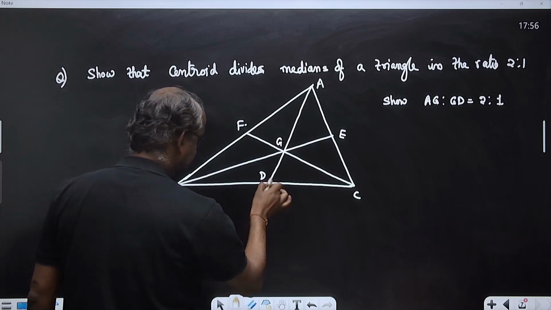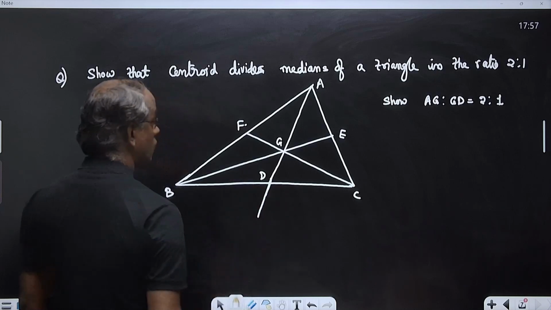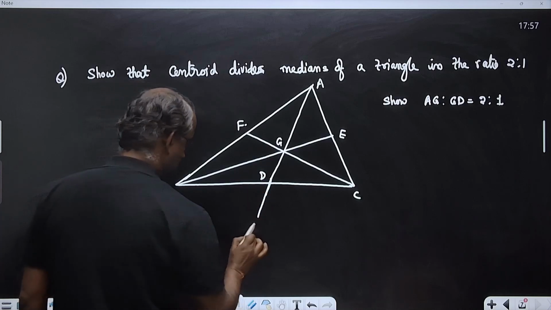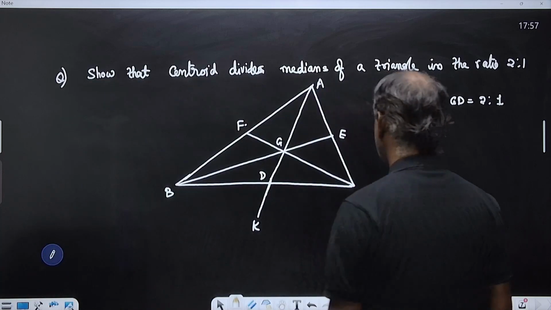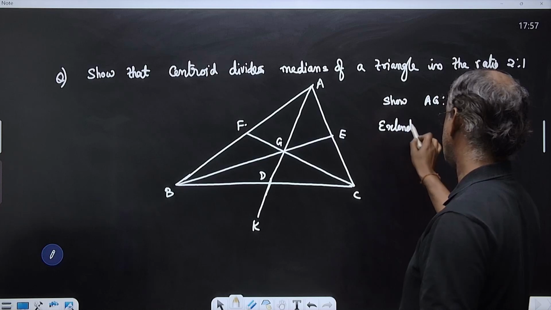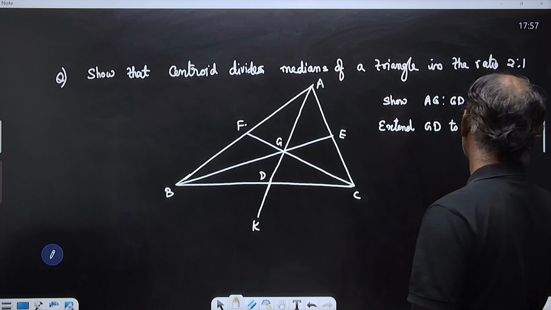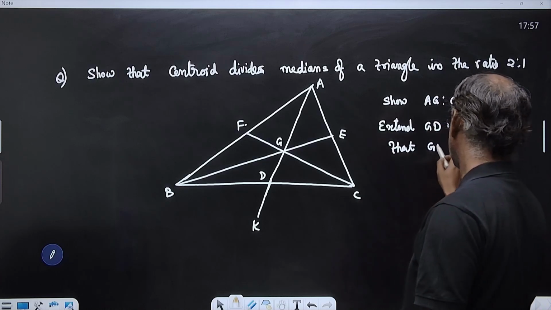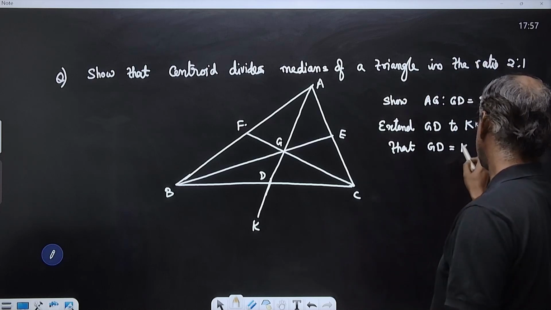We extend GD to some point K. Extend GD to K such that GD is equal to KD.